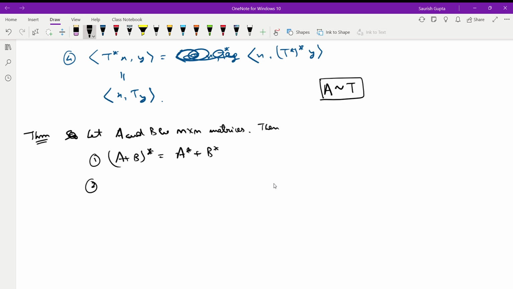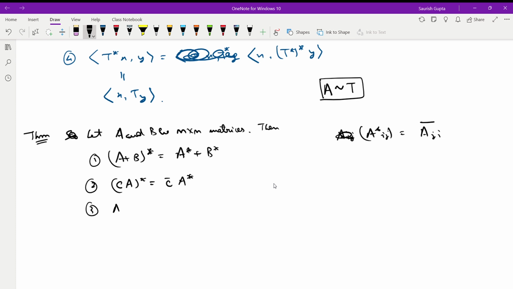You get a direct result from here, because you already know that (A*)ij is nothing but the conjugate of Aji. You simply transpose the matrix and you take the conjugate of the respective element at the jith position. Then you get (cA)*, which should be c-bar A*.